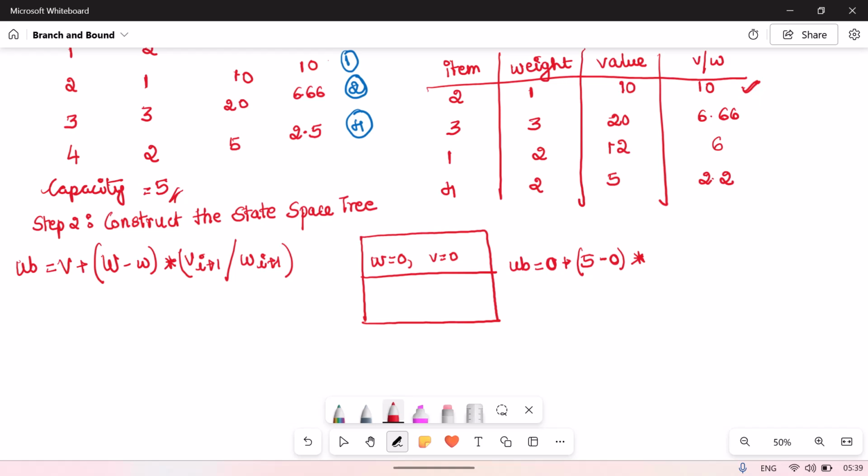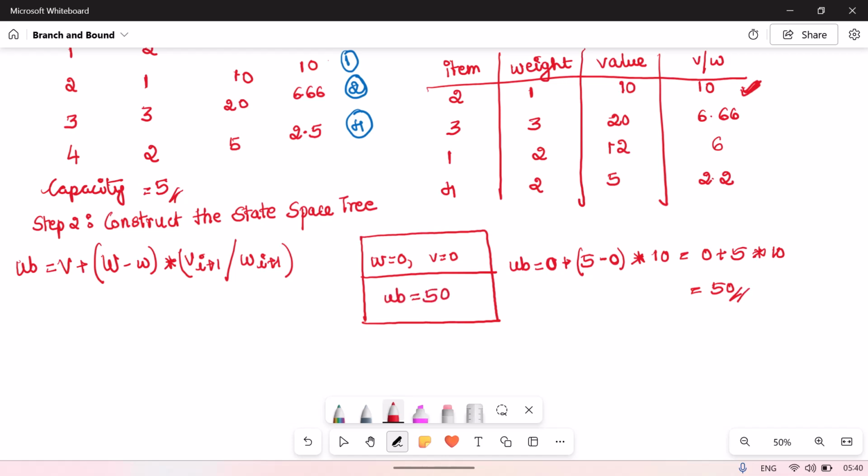See here, I have to go with this order only. Okay. Though for 0th item, the first item should be considered, but you'll have to go with this order. So I'll consider this 10. Okay. So it will be 0 plus 5 times 10, which is equal to 50. So the upper bound is 50.